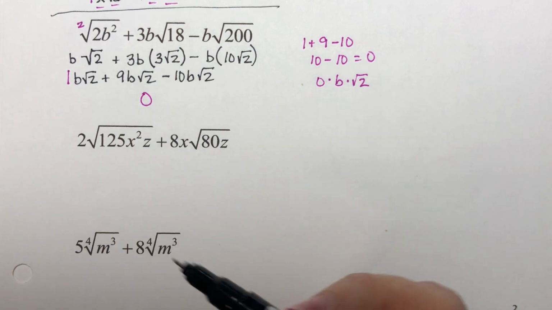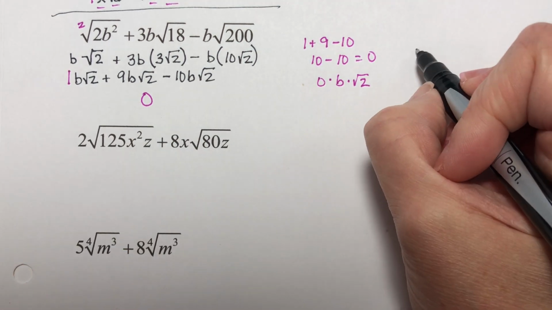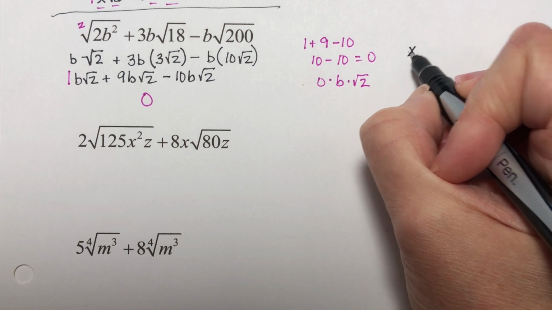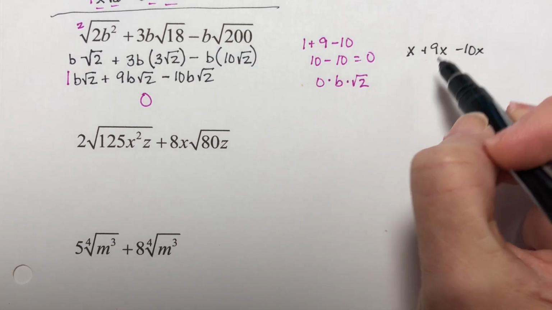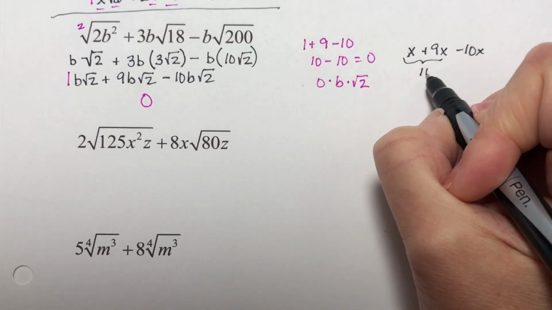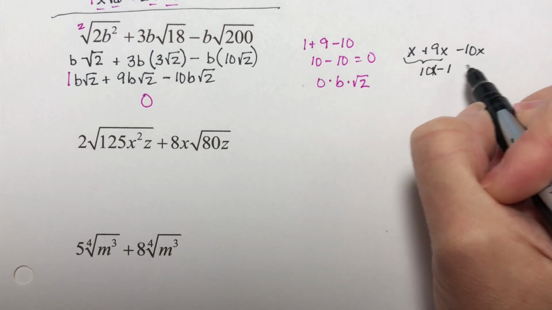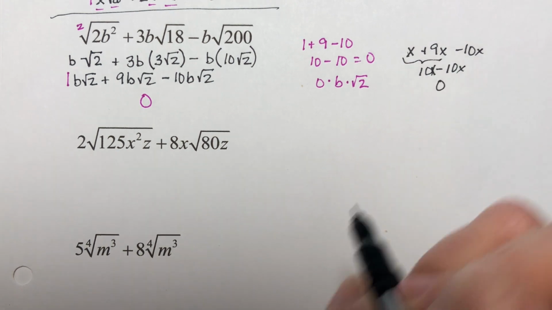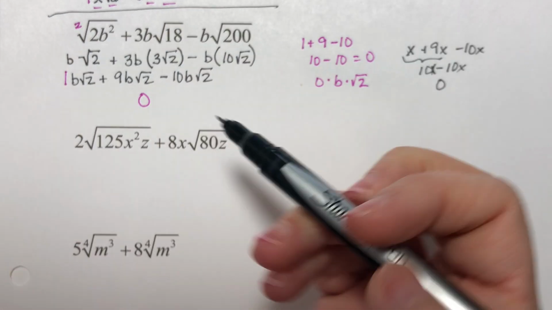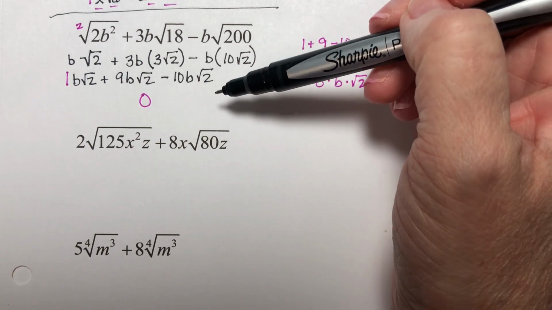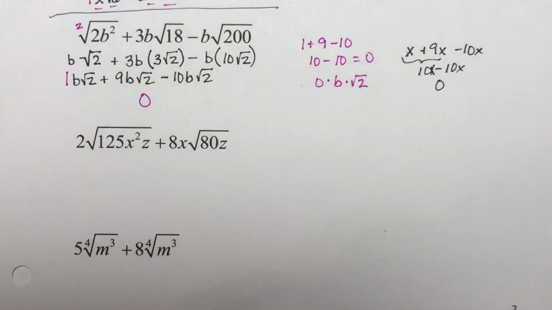Since these three things are the same, we basically have this pattern: x plus 9x minus 10x. It's a little bit easier for us to see that 10x minus 10x, those cancel out. So this whole answer is just 0. It went away completely. Now, your calculators can't handle variables, so you do need to know how to do this by hand.